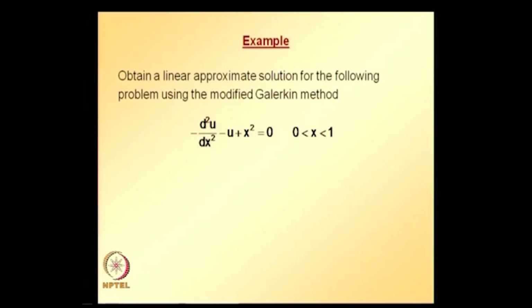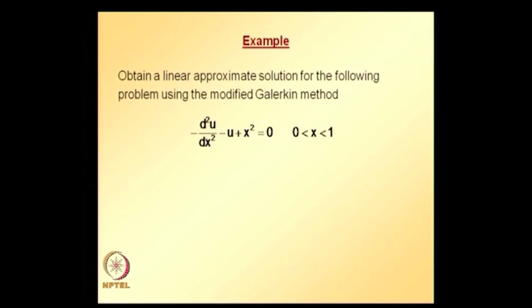So this is the problem statement: obtain linear approximate solution of the problem using modified Galerkin method, and you are given the differential equation and also the problem domain, and this is a second order differential equation.